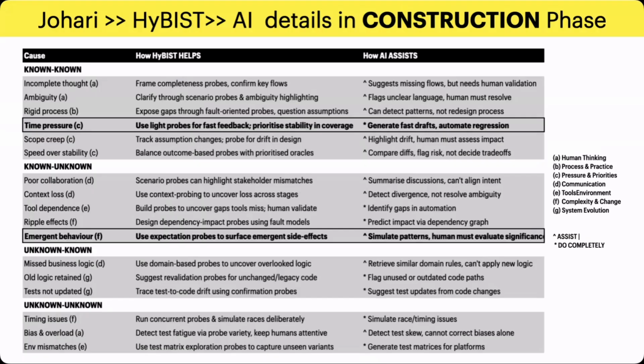So now maybe let's say there is a cause. Because of time pressure, I miss a few things. So what can I do? How can the methodology help? How can AI assist? An easy thing to illustrate, right? Maybe I use light probes for fast feedback. So I'm looking at how I can generate deeper probes, surface probes, faster probes, better probes, and so on, and therefore how do I look at it from a coverage perspective?